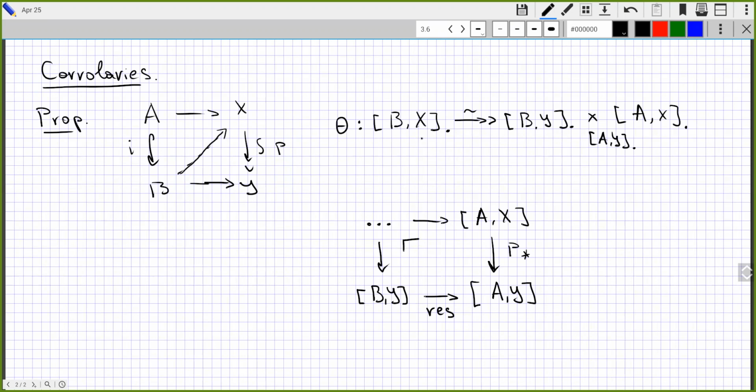What is this canonical map? Well, it is the following map. When you take the map from B to X, so these arrows, you got the restriction map here, you got an induced map here, and by the universal property, you got this one.